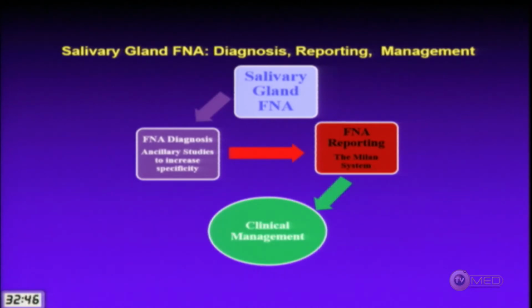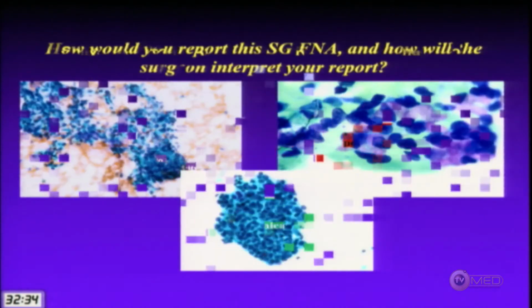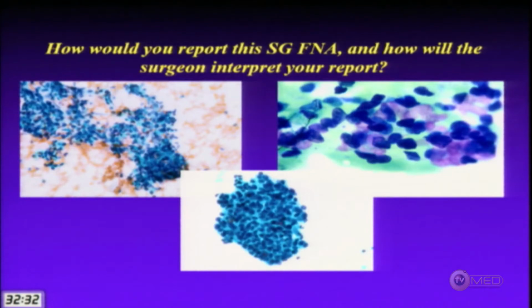And so how we report the fine needle aspiration, whether it be the Milan system or the Bethesda thyroid or anything else, is going to impact the clinical management. So let me just give you an example of why this is important for salivary gland. If you saw these three images of a parotid gland FNA, and you see that we're dealing with a very basaloid tumor.